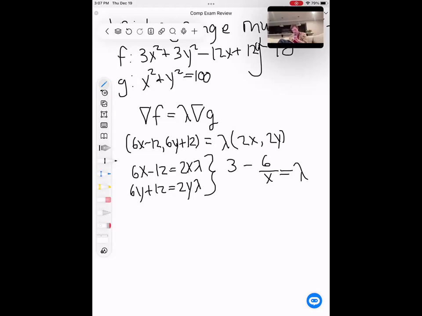It's just going to be 3 plus 6 over y is equal to lambda. Awesome. So with these two equations, we can set them equal to each other, and we see that 3 minus 6 over x is equal to 3 plus 6 over y, or in other words, because we can just get rid of those 3's, negative 6 over x is equal to 6 over y.